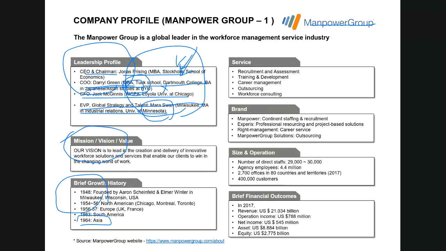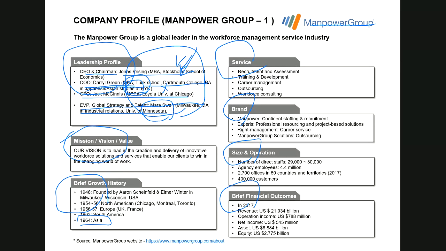And China around the 1970s. And there are the service, brand, size and operation, and a brief financial outcome.